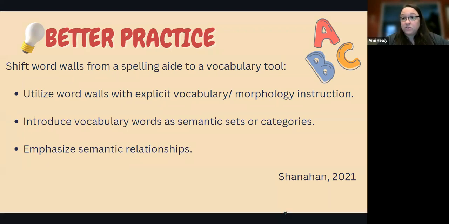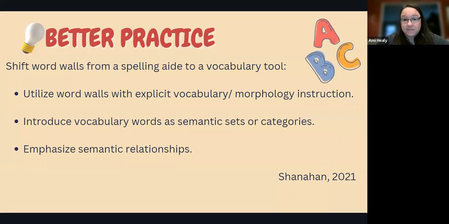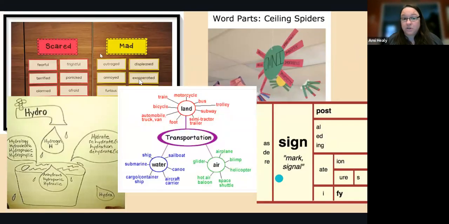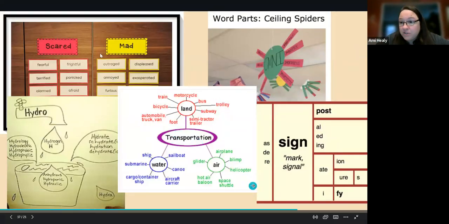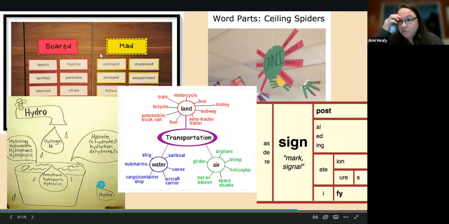One of the things that research really supports with vocabulary, and we talked about this in a previous session, is semantic maps, being able to categorize words. Our brain categorizes words. Here are several pictures of what semantic mapping would look like. Maybe your word wall transforms into something like this. These are several examples that I pulled off the internet. Some are posters, and some you can see hanging from the ceilings.